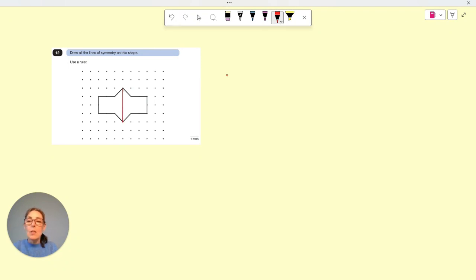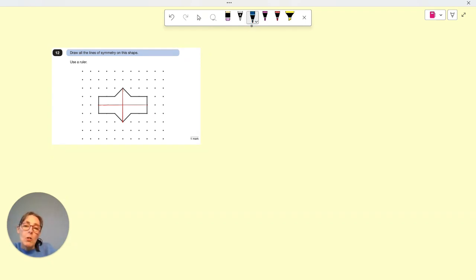Okay, so that's one line of symmetry, and then I'd say that's another one there. I would say there's just two lines of symmetry there.